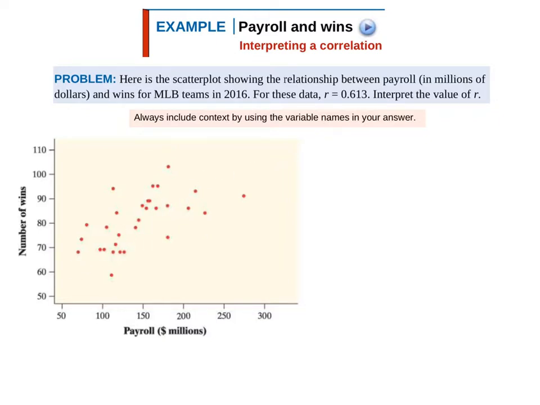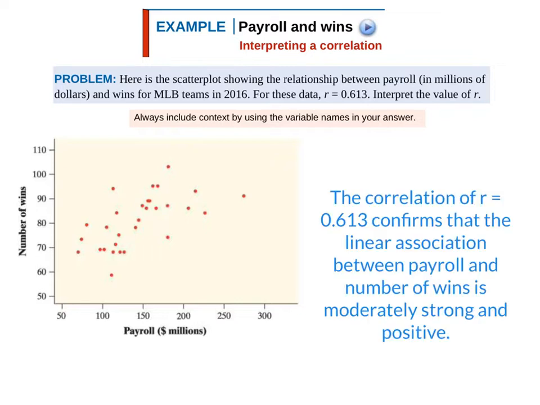It won't be like R equals 1, but it's relatively close. So we would say that this is moderately strong and definitely positive. So we could say something like the correlation of R equals 0.613 confirms that the linear association between payroll and number of wins is moderately strong and positive.